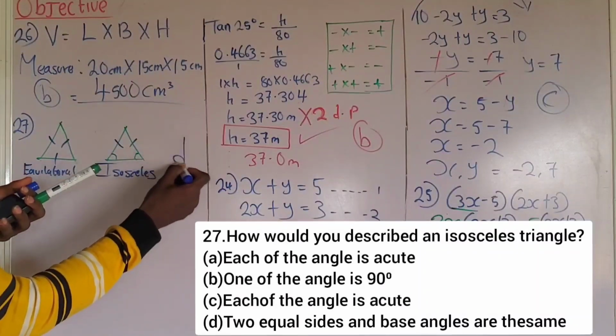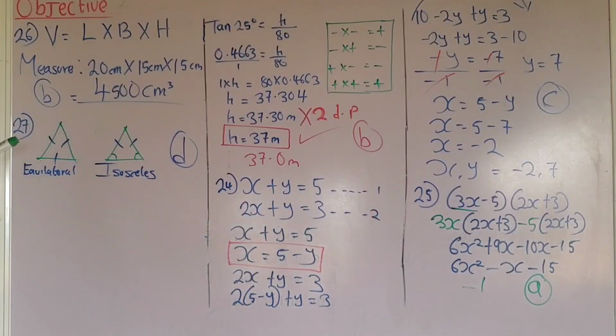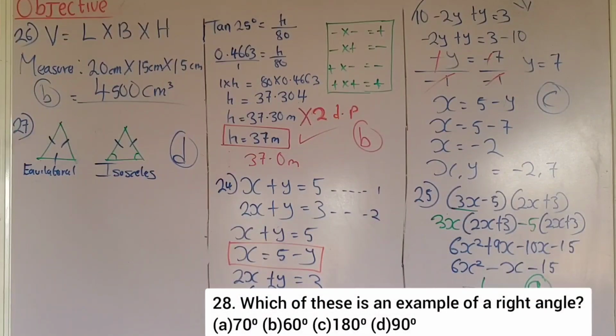Option D is correct. Okay, so question 28, which of these is an example of a right angle? Option A, 70 degrees, option B, 60 degrees, option C, 180 degrees, and option D, 90 degrees.